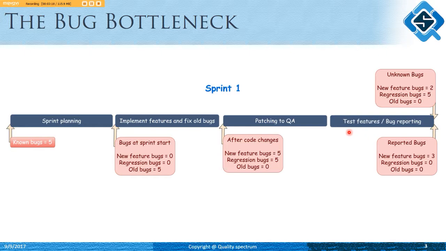Now the testing team would have one or two features, or as many as were planned. So they have to go through the feature and understand the feature. They have to test the feature itself. Then they have to do regression around that feature, and that would be just one item.